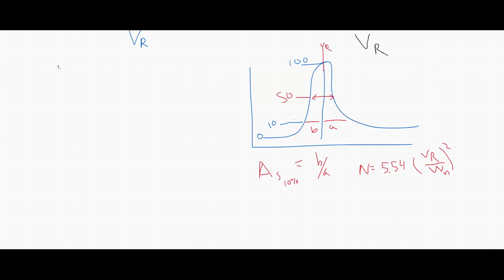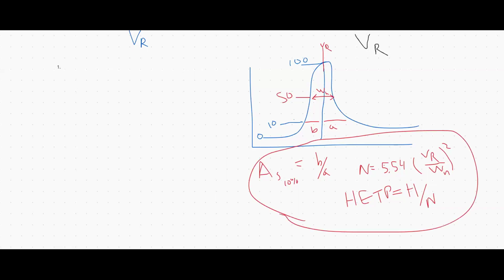And then the last thing that you probably see if you're packing columns is the HETP, which is just the height of your bed, your bed height, divided by the number of plates. At least this is how I remember these calculations are.